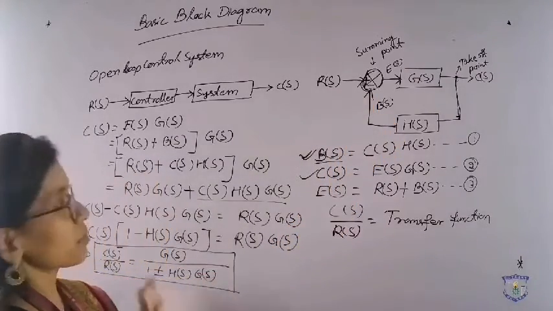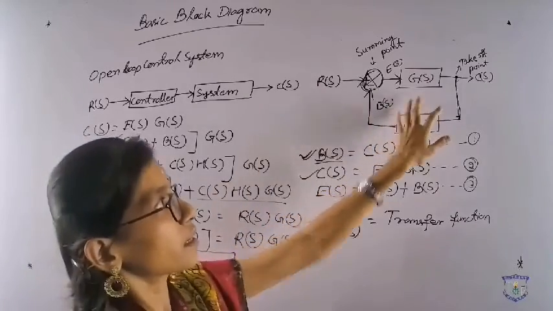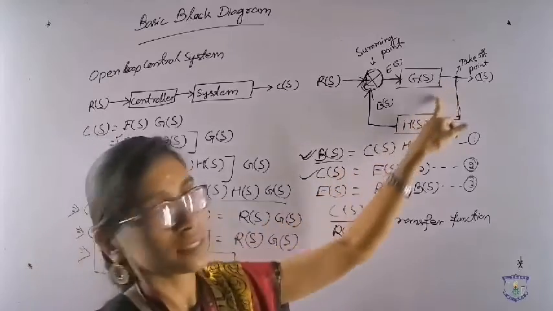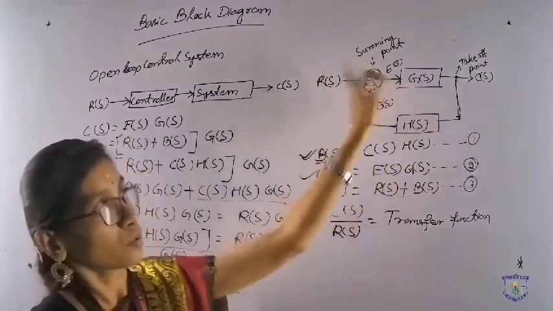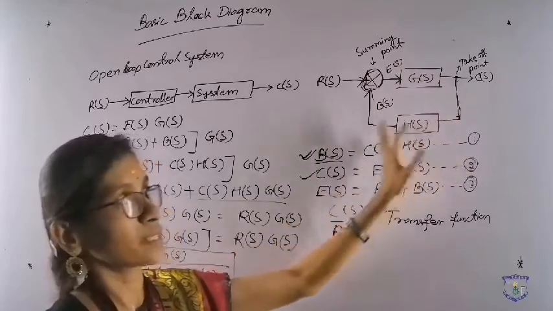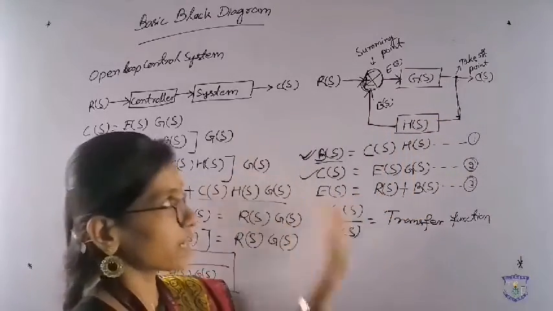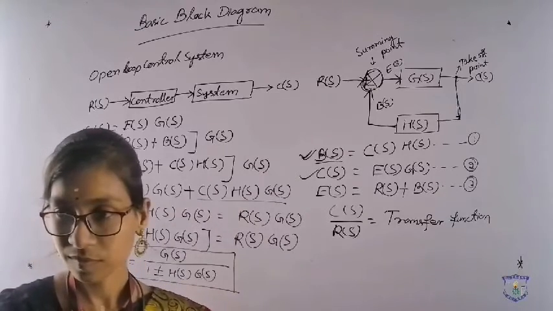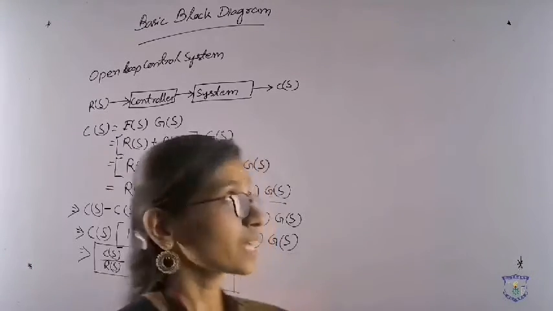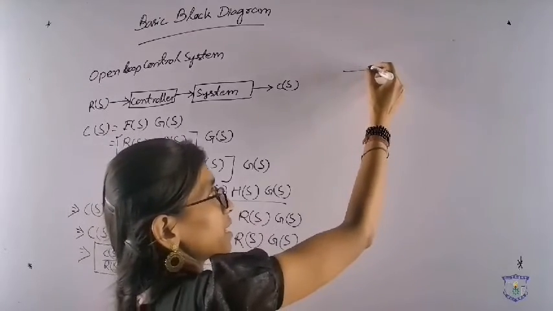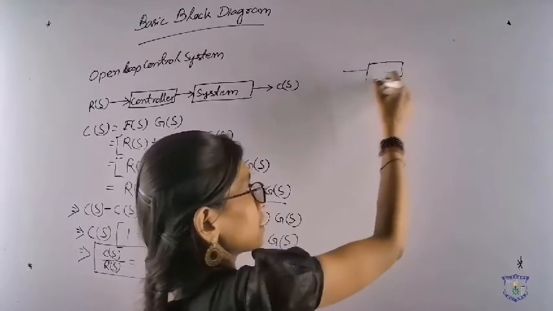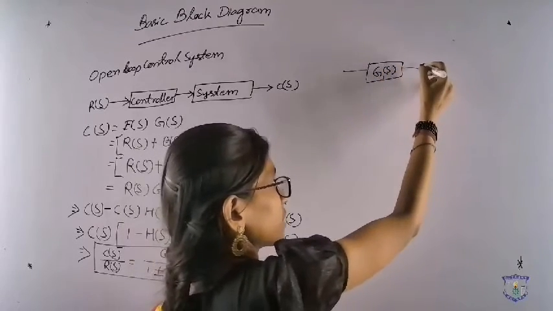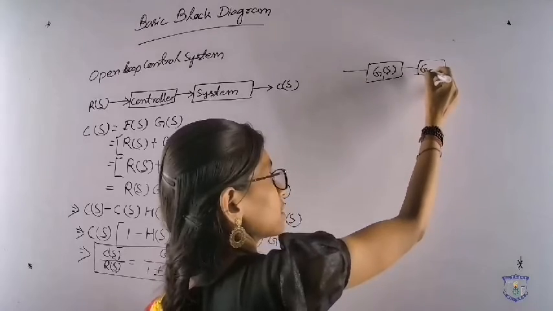Another thing: if I need to increase the gain, I can take gains in series or I can arrange gains in parallel, according to whatever I have arranged in the block diagram. Depending upon that arrangement, the transfer function will change. We can arrange the forward gains in parallel or in series, that is G1(s), G2(s).